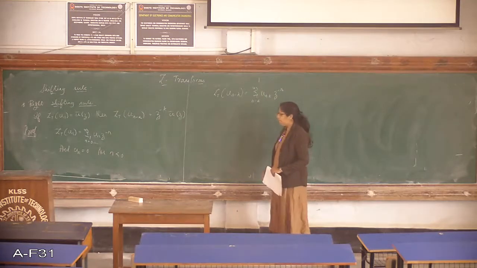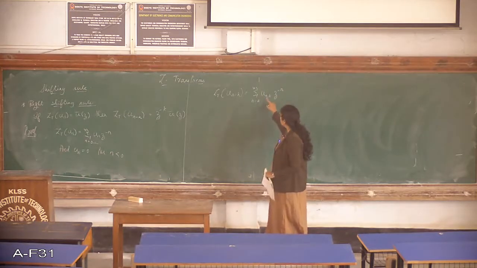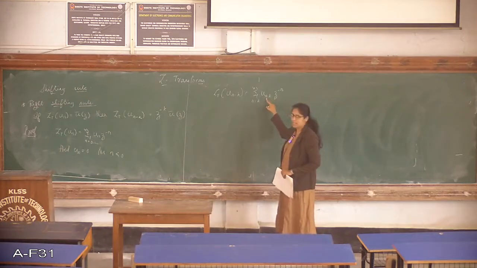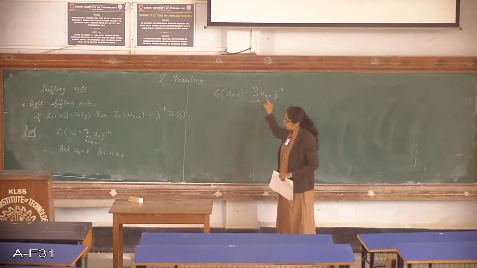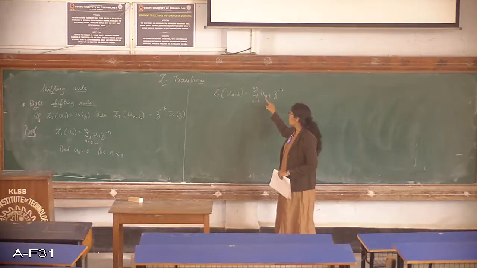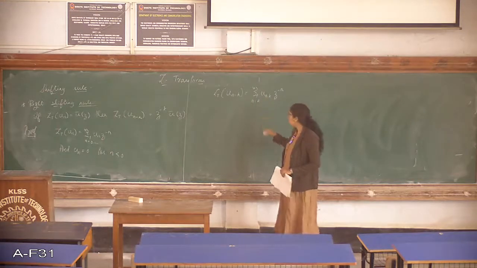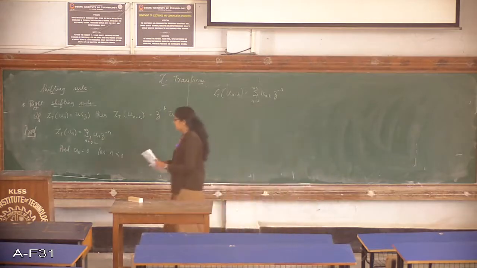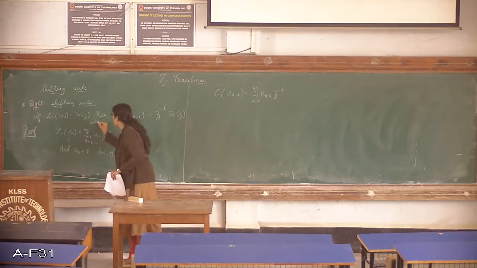The reason is that if I start by taking n as 0, you see that I get a negative index for which the u value is 0, and likewise if I take n as 1, n as 2, and so on.